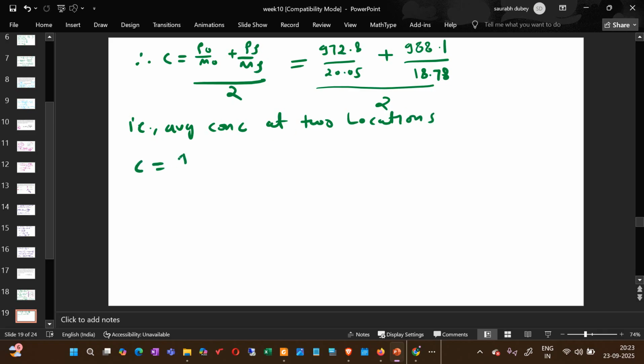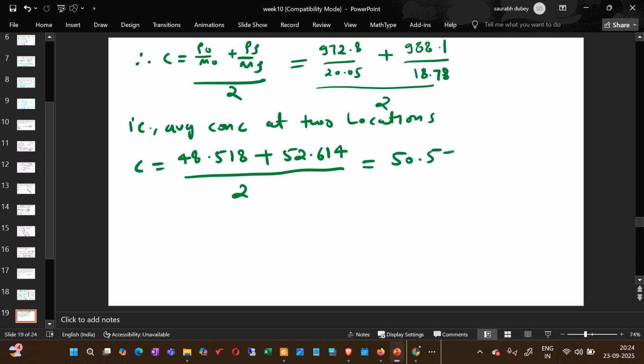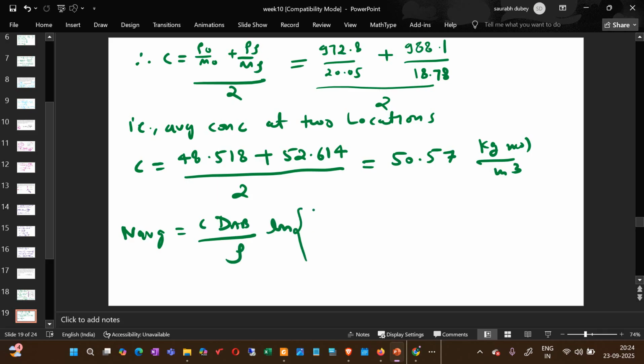You will get C equals 48.518 plus 52.614 divided by 2, which will give you 50.57 kg mole per meter cube. So this will give you an average. So N A will be C D AB by delta ln of 1 minus x A delta divided by 1 minus x A0.